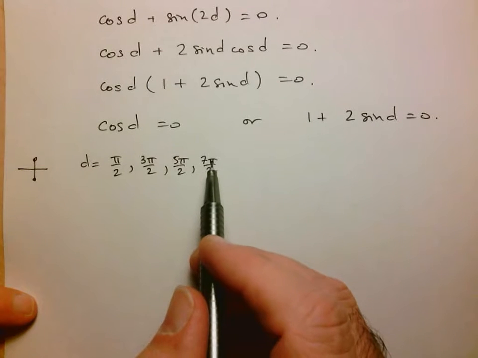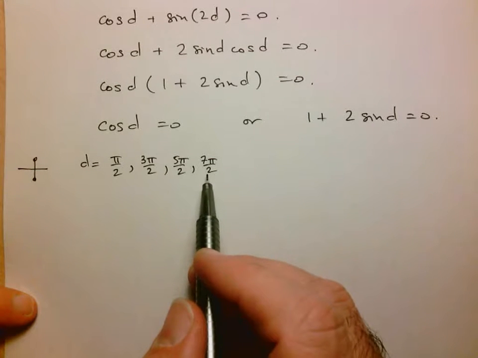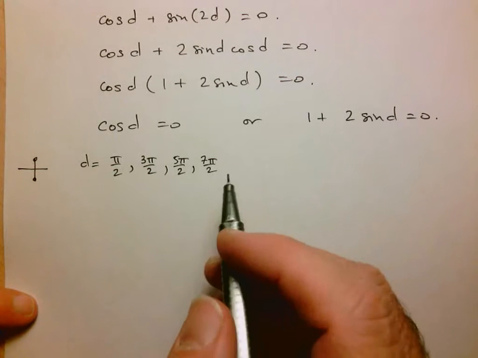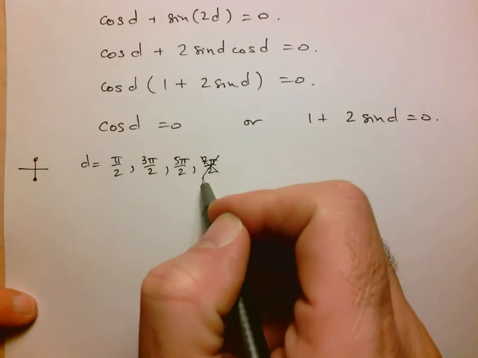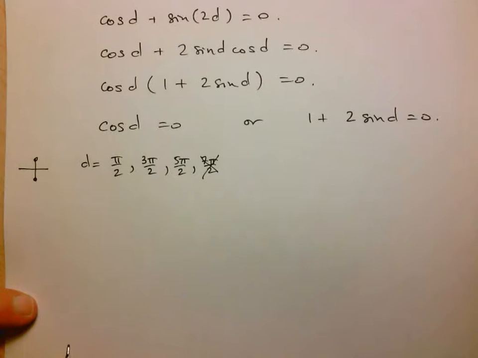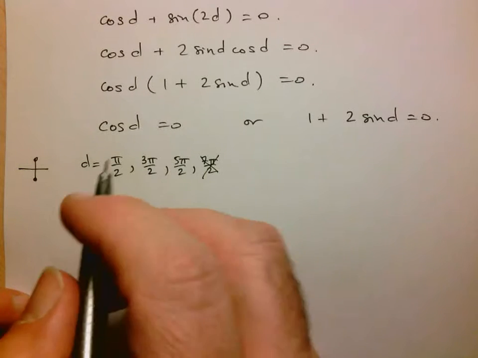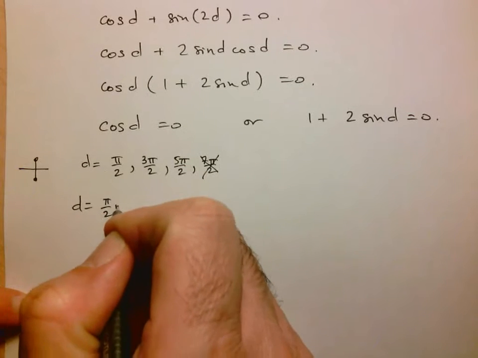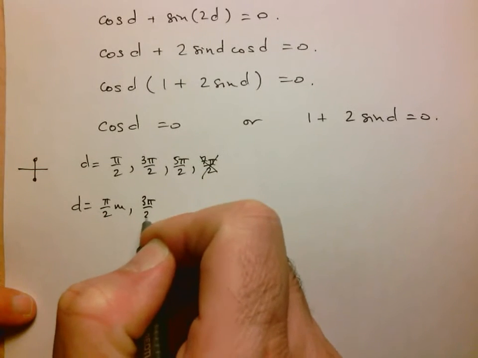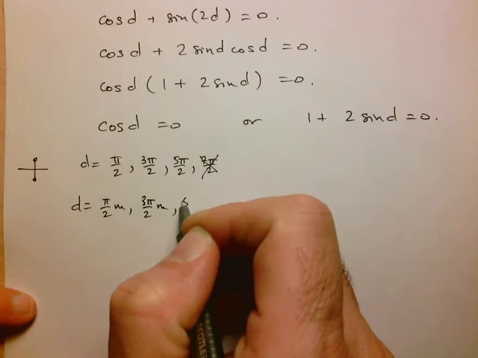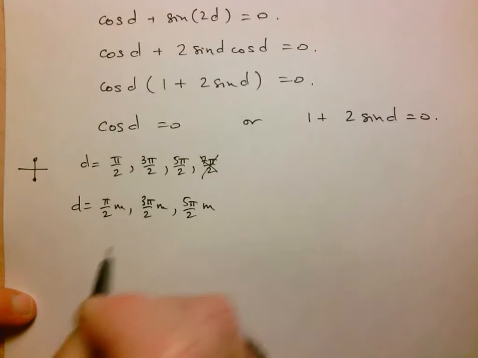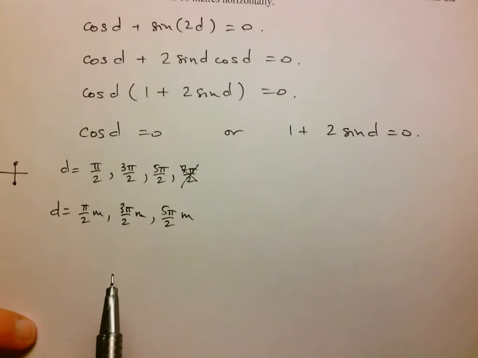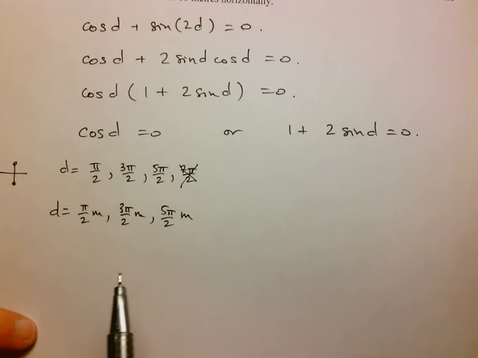Again 7 times 3, 21 divided by 2. Oh, that might be a little too much. In fact it is, so we're not going to include this as part of our solution set. So here we have d equals pi over 2 meters, 3 pi over 2 meters, and 5 pi over 2 meters.